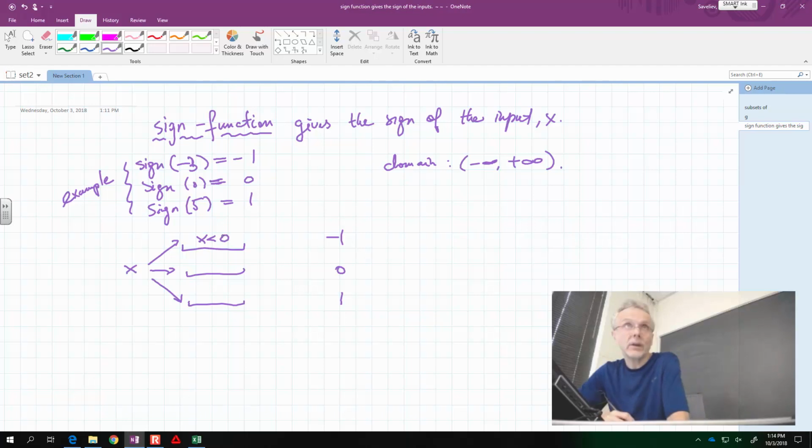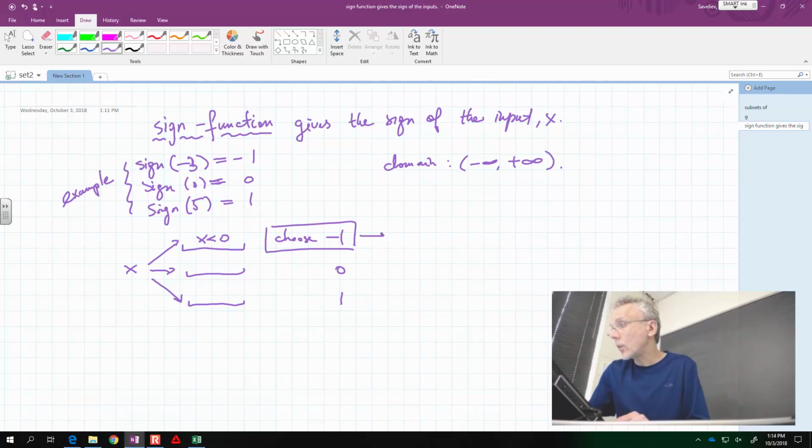That's the sign, the arrow that tells you, depending on your input, which road to take. You take that road if x is less than 0, and then the answer is to choose -1 as your output. The second question is: is x equal to 0? If yes, then you discard x.